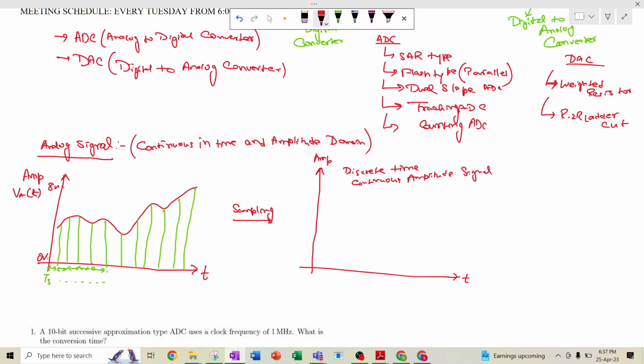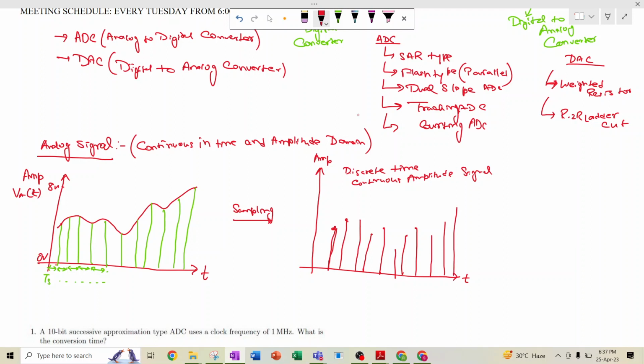If we sample after TS time, we take this value, then this value after 2 TS, then this, and then again some drop, then an increase, then a drop, and an increase like this.